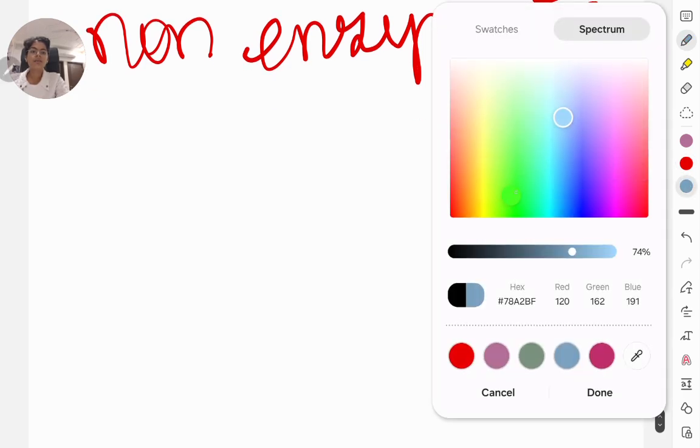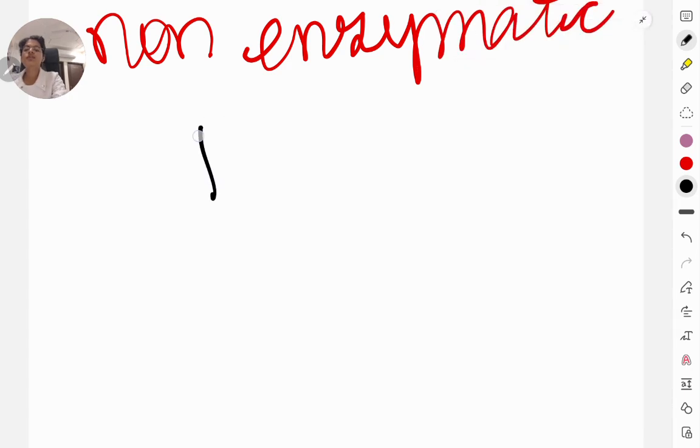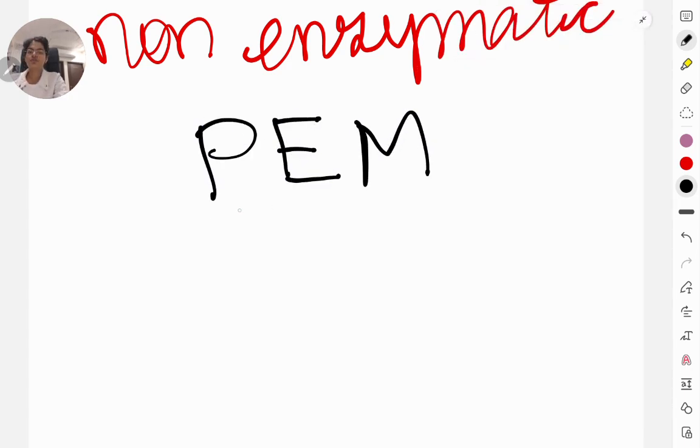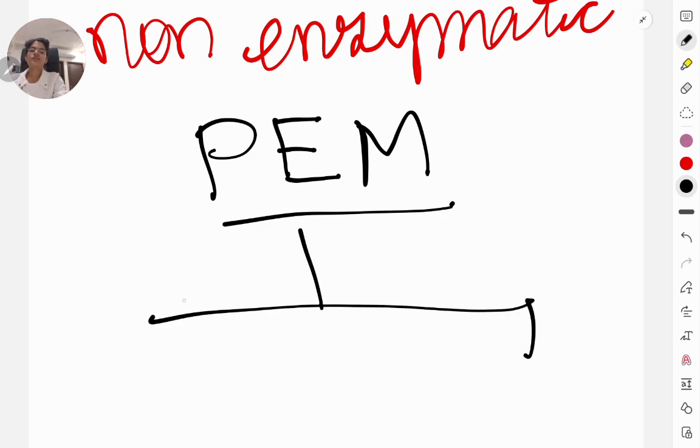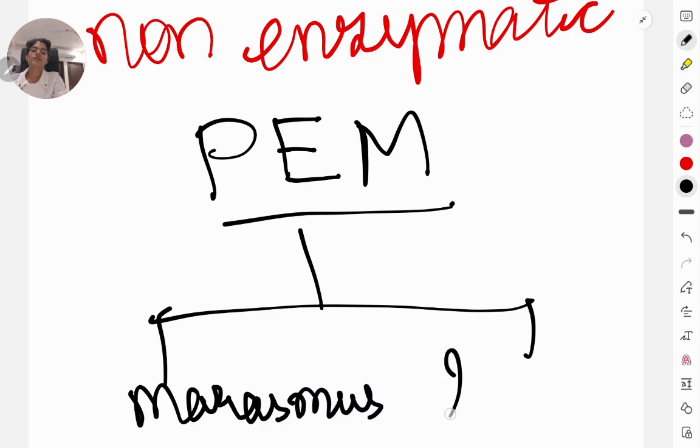Now let's see PEM, which is protein energy malnutrition. There are two cases we will be seeing. First is marasmus, and second is kwashiorkor.